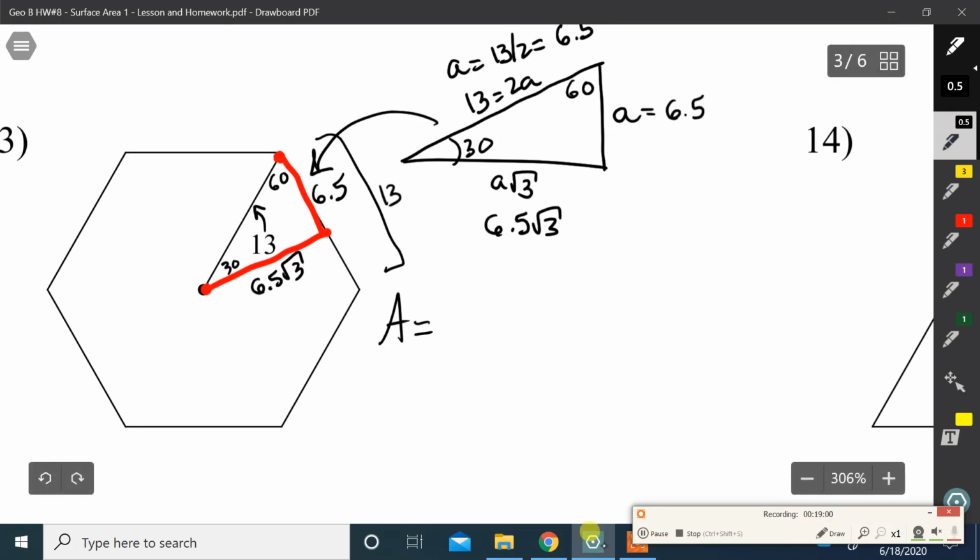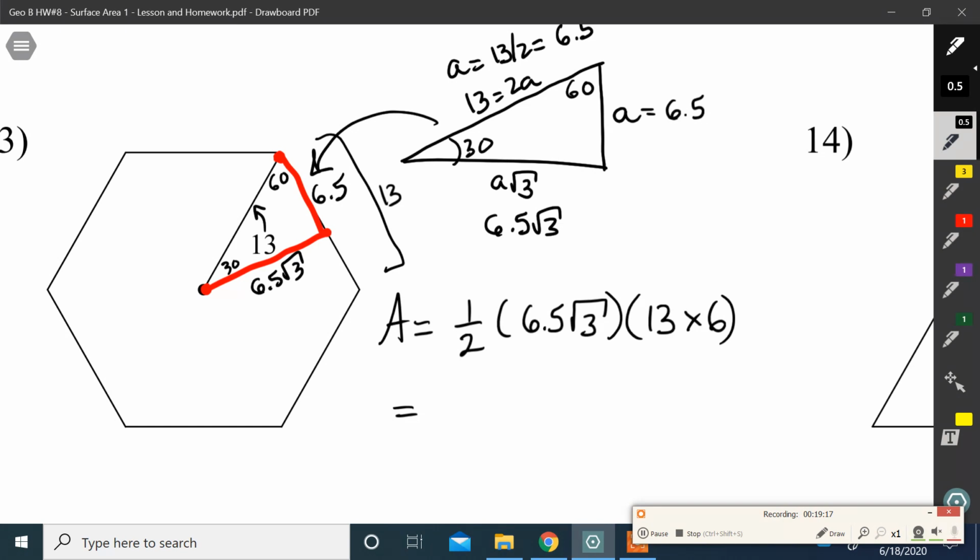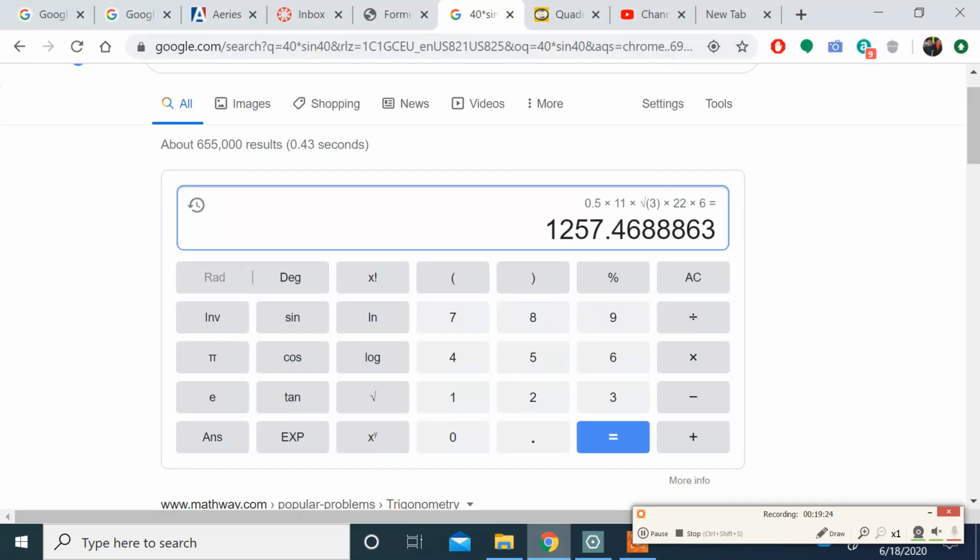Okay, so the area is going to be half times the apothem, which in this case is 6.5 square root of 3, times 13 times 6. So let me multiply all that out.